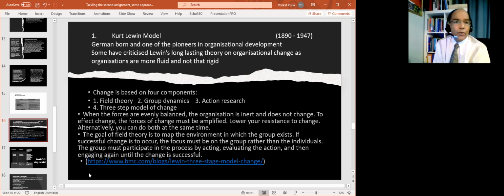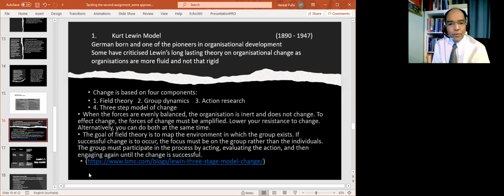Why I'm showing you a few of these things which were not shown before in the first, second or third lectures is to give you the freedom to choose beyond those few theories that we have studied. Read a little more about organizational behavior, organizational theories, pick up any of them and try and see what you can do. So change is based on 4 components.